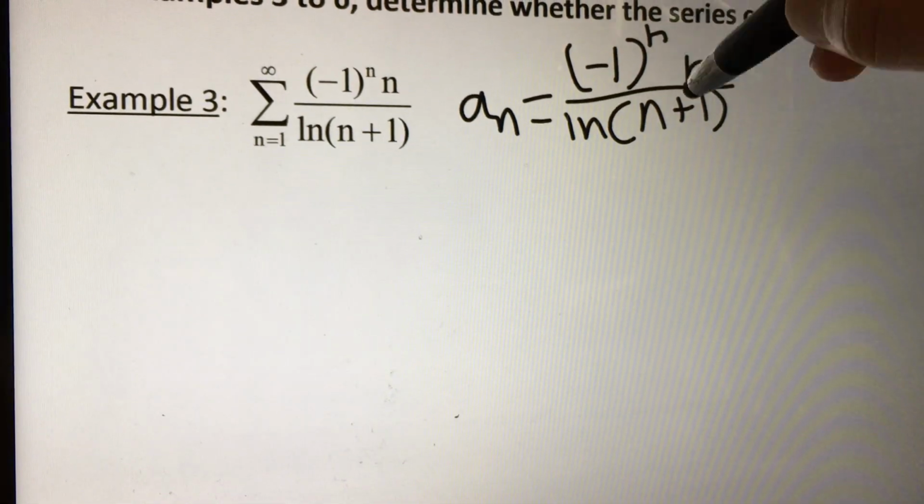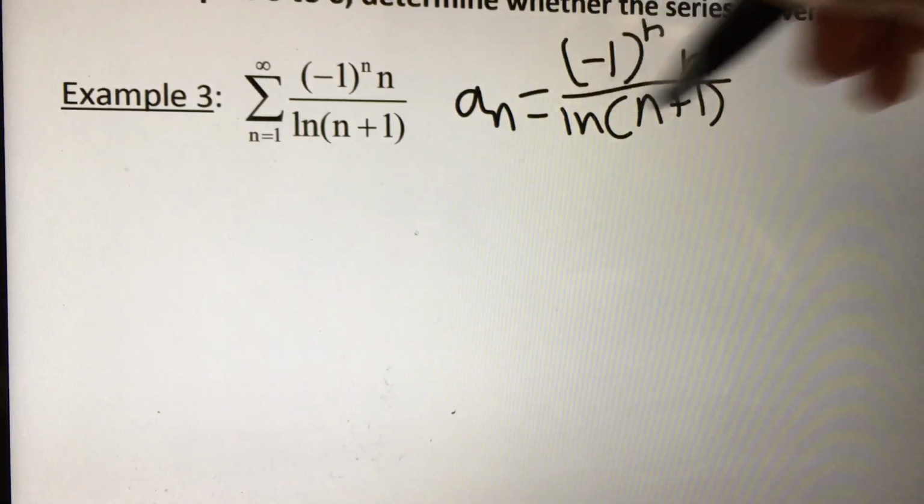Okay? We know this. Let's take this in absolute value.